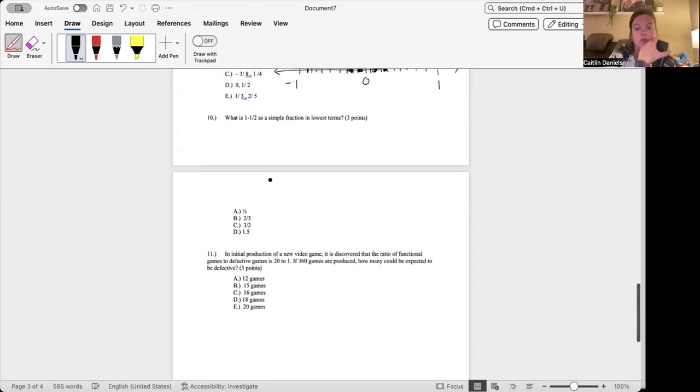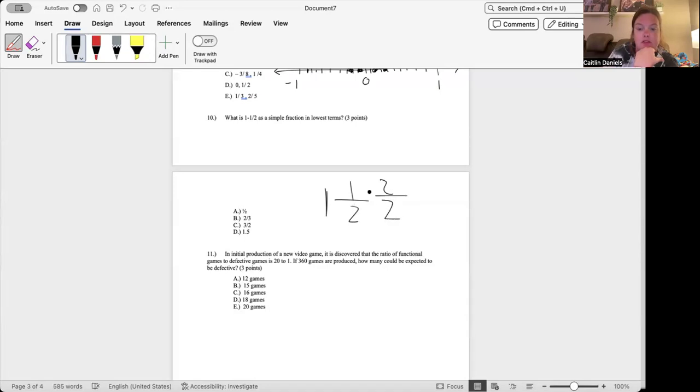What is 1 1/2 as a simple fraction in lowest terms? Simple fraction. So we got 1/2 and we got a 1. So to convert 1 into the same fraction as this, 1 whole is 2/2.